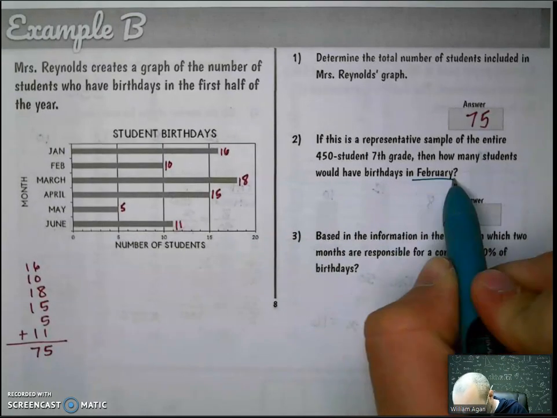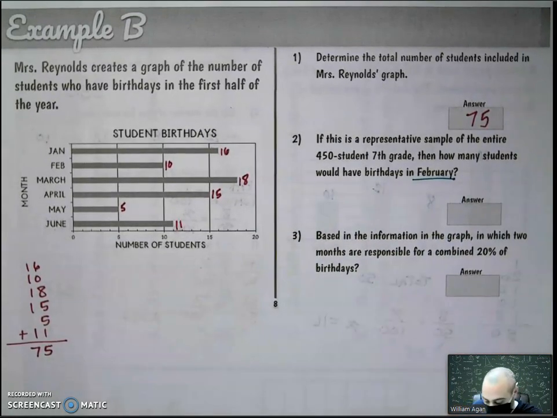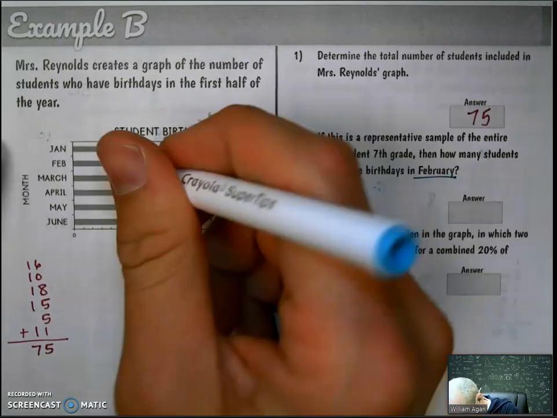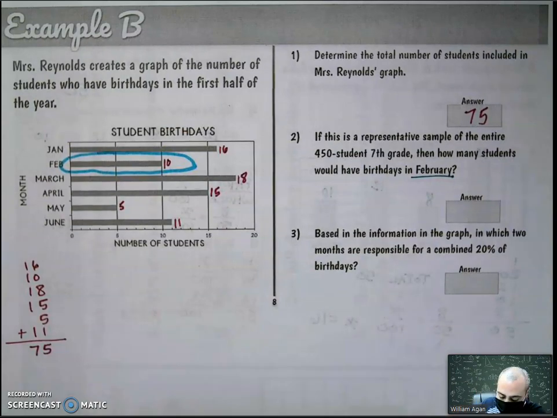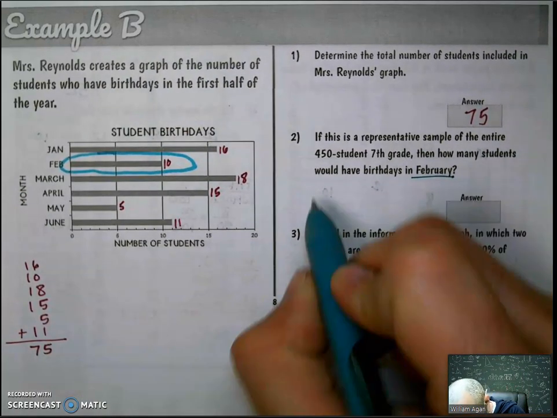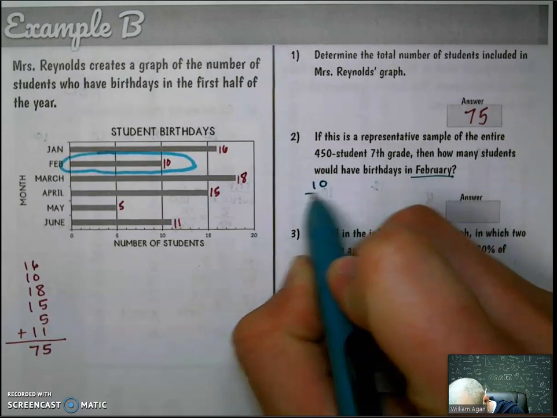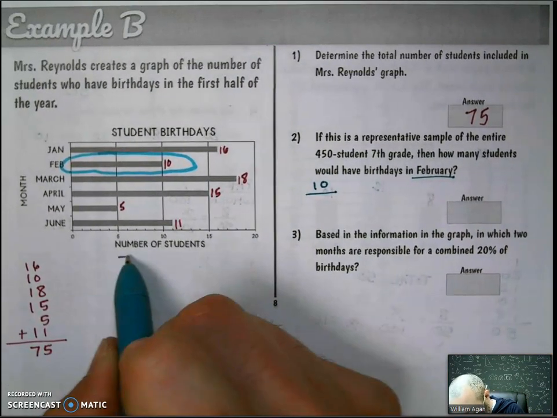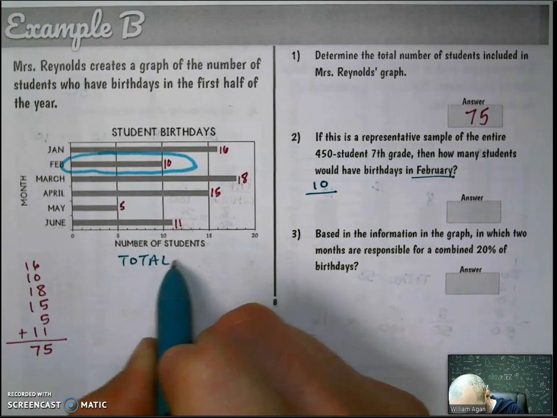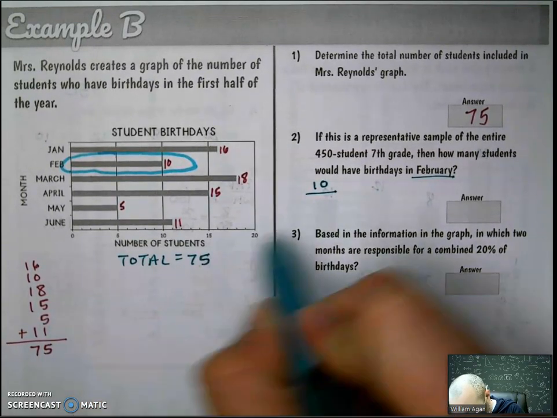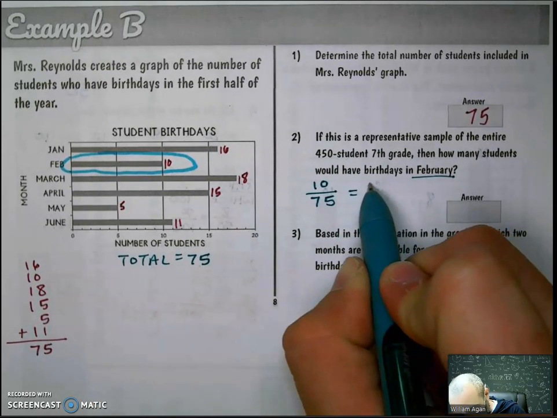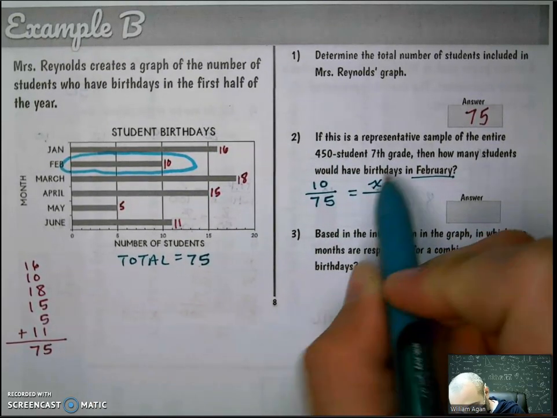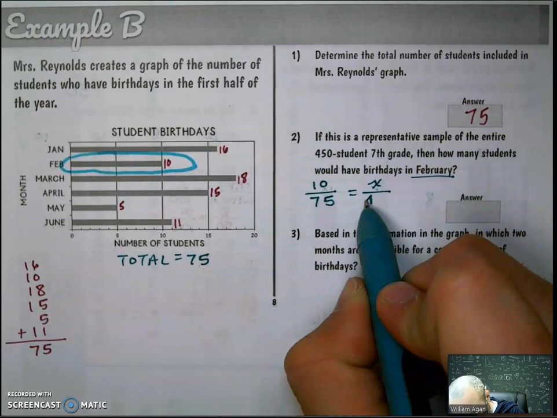Since it's talking about February, then you look in the graph for February and make a proportion with that. February had 10 out of a total of, we just found our total is 75. So it's 10 out of 75. And we want to know how many that would be out of our new total of 450.